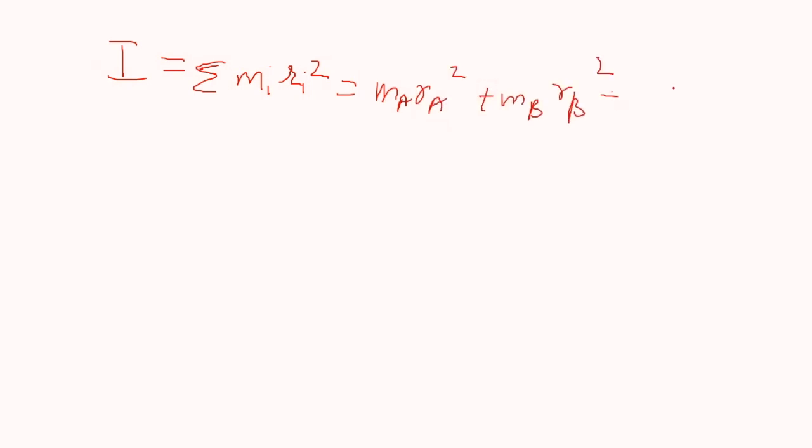For moment of inertia, I is equal to the summation of mi ri squared, which is MA RA squared plus MB RB squared plus MC RC squared plus MD RD squared.